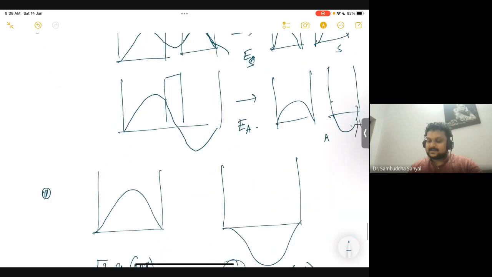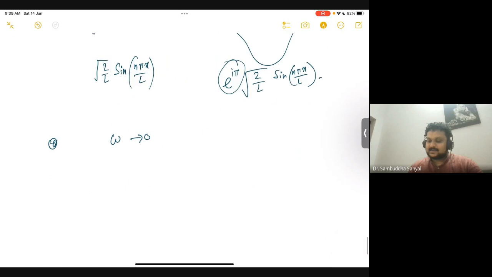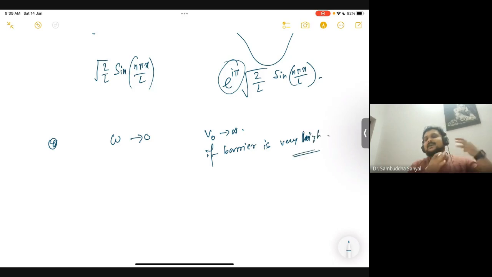Which means if I make my V naught infinity, if the barrier is very high, then the system starts in L and stays at L, right? It cannot go to R. It can never go to R. So even though L and R are symmetric solutions, this system will break the ground state of this solution, will break the symmetry of the Hamiltonian.